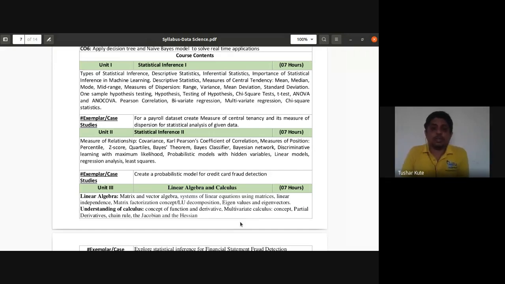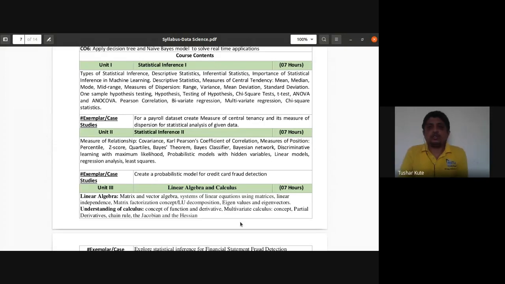Three main topics are there: basic statistics, descriptive statistics, central tendency and dispersion measures, hypothesis testing, and many other testing methodologies like regression methods, and the chi-square statistic that we are going to see in unit number 1. There are also some exemplar studies for a payroll data set, creating a measure of central tendency and measure of dispersion. We'll see practically how exactly these techniques are used and what the real world application of these is in terms of machine learning.